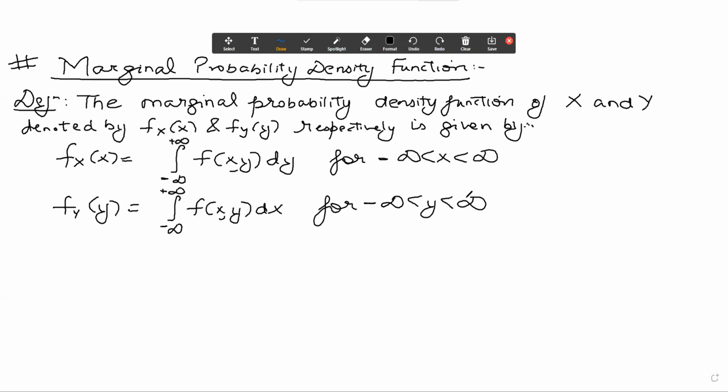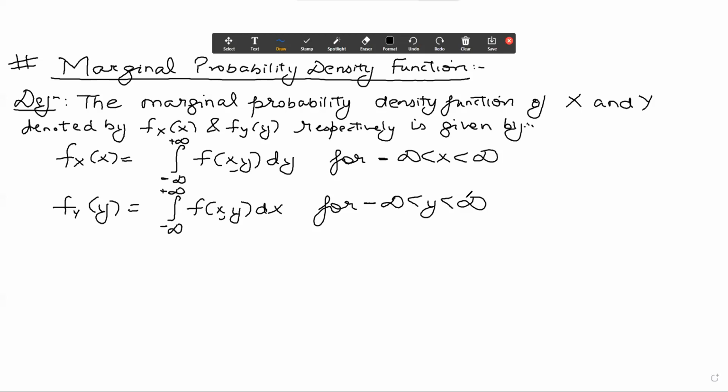And if you integrate the joint probability density function with respect to x, you will get the marginal probability density function of y. So it's the reverse. To find the marginal PDF of x, integrate the joint PDF with respect to y. That means you will vary y. Similarly, to find the marginal PDF of y, you will integrate the joint PDF with respect to x. That is, you are letting the x vary.